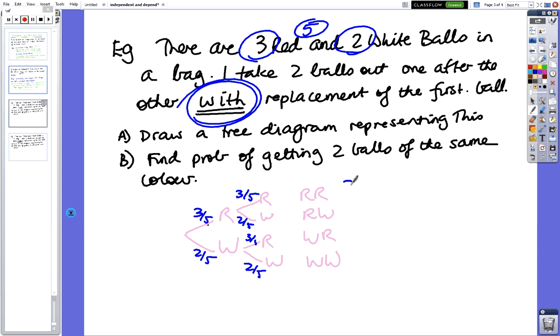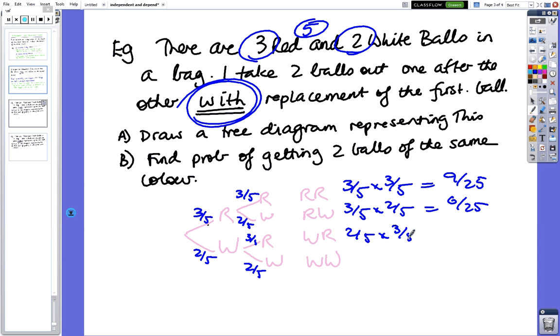So red-red will be 3 times 3, which is 9, then this one will be 3 times 2, which is 6, and this one will be 2 times 3, which is 6, and the last one will be 2 times 2 equals 4.